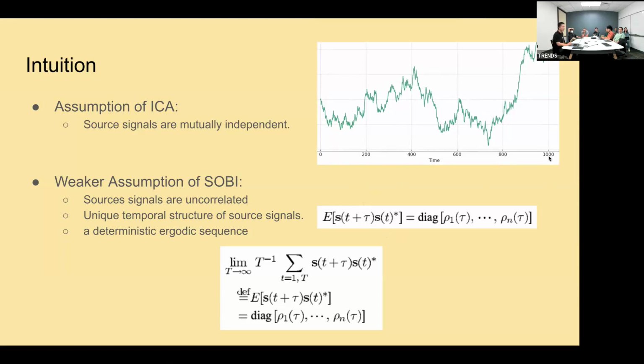This is what we call the autocovariance in this paper, and this covariance matrix is considered diagonal. So this is an assumption based mainly on SOBI.